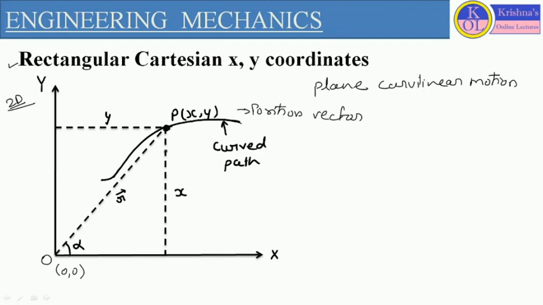These coordinates we generally define by the distance of the particle from the x-axis and from the y-axis. Let us consider x, y as the coordinates of point P. With the help of these coordinates, we will define the actual position vector.